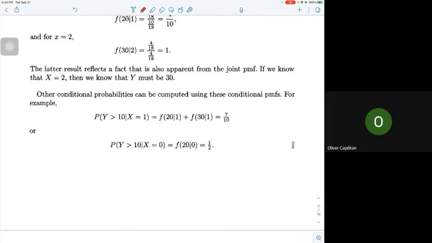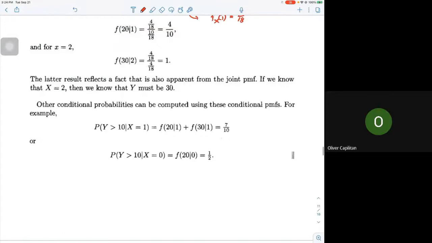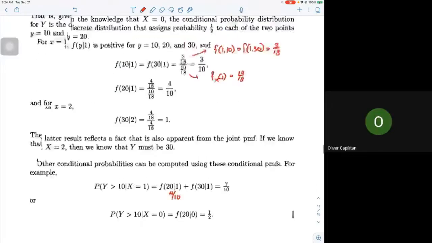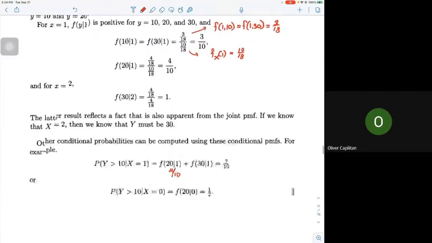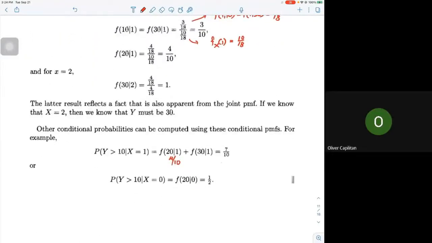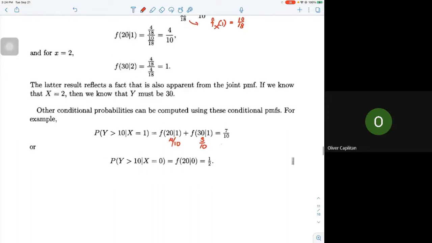We have already computed this conditional PMF. This is equal to 4 over 10, and then the other one, for 30, we have 3 over 10. So we have 7 over 10.